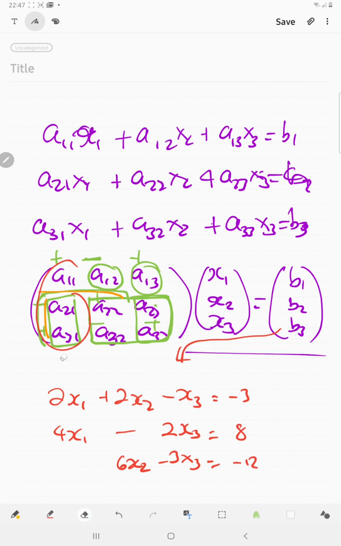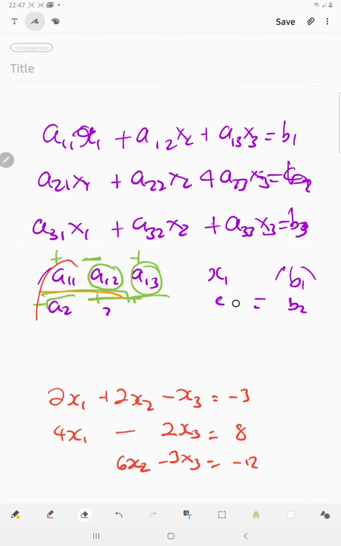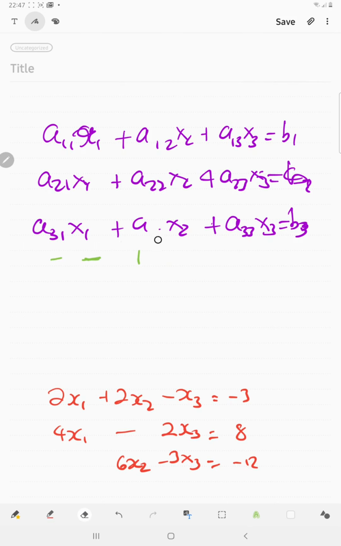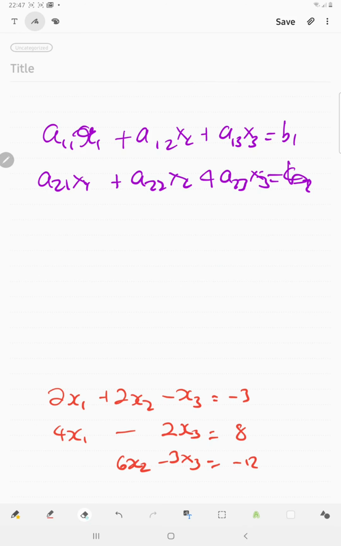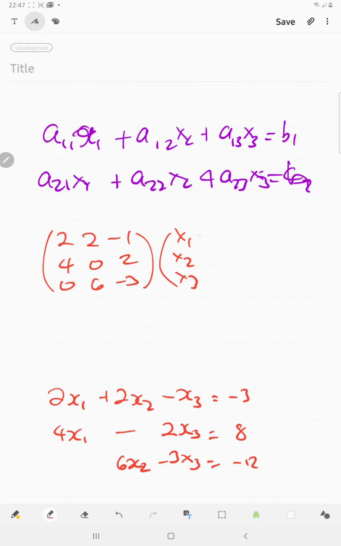You can write them in matrix form and determine the solution. First represent them as a matrix: 2, 2, -1, 4, 0, 2, 0, 6, -3, times x1, x2, x3, equals -3, 8, -12.